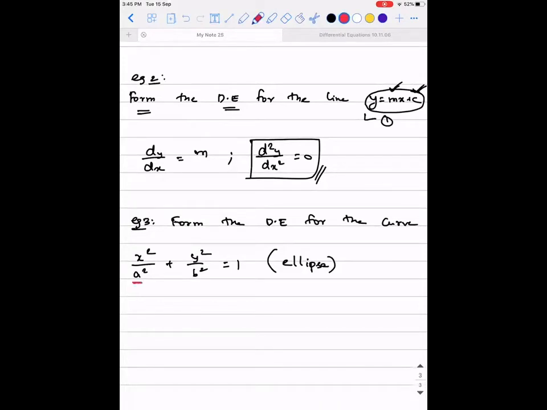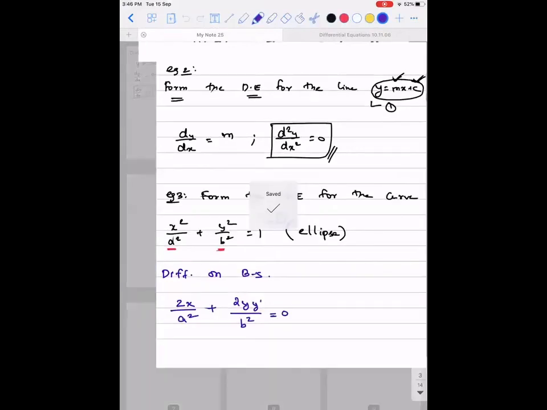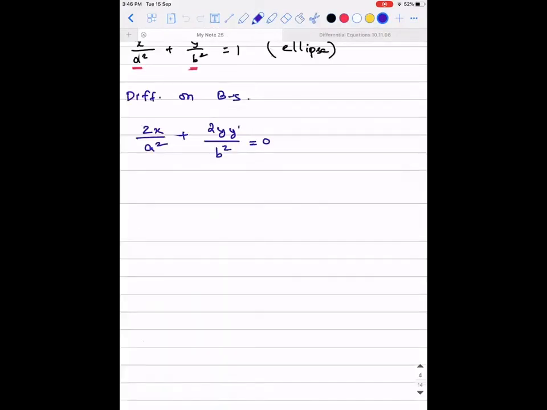Two. So we need to differentiate it twice. Let this be equation number 1. When you differentiate on both sides, you get 2x divided by a square plus 2y into y dash divided by b square is equal to 0. Let this be equation 2.